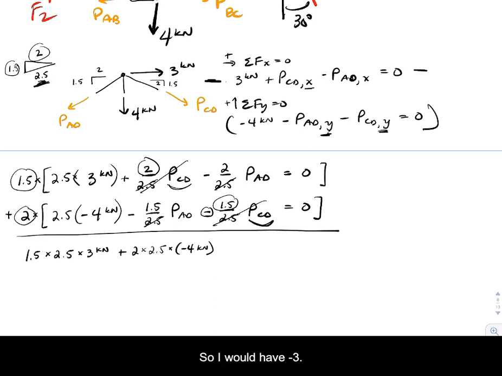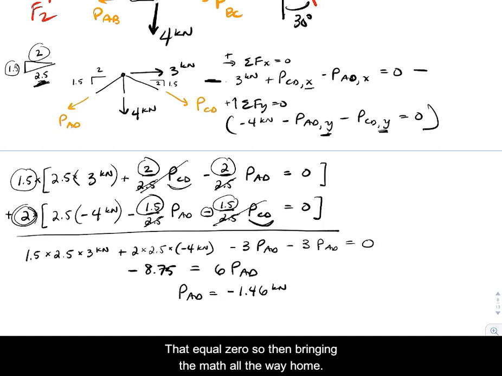And so I would have minus 3 PAD, that's the 1.5 times 2, and then minus 2 times 1.5, minus 3 PAD, that equals 0. So then bringing the math all the way home, take the negative 3 and the negative 3, put them to the other side, that gives me plus 6 PAD on the other side.